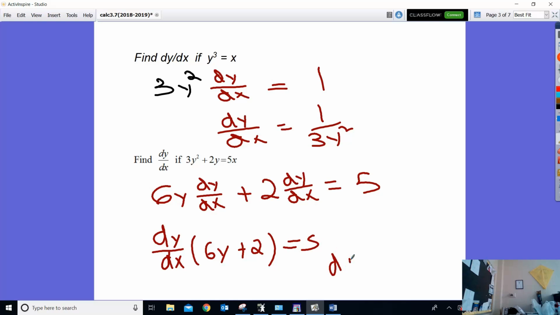Now, these derivatives do look funny because they still usually contain a y. That's what makes it look kind of funny. All right, so all you gotta do is divide by 6y plus 2 and this thing is done. What is the derivative of y with respect to x?